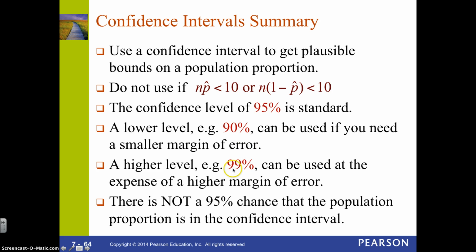If you want a higher confidence level, you end up with a wider interval or a higher margin of error. And remember, it's not that there's a 95% chance that the population proportion is in the confidence interval. It's just we're 95% confident that the process we used will contain the population proportion.